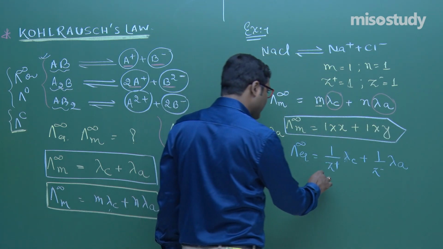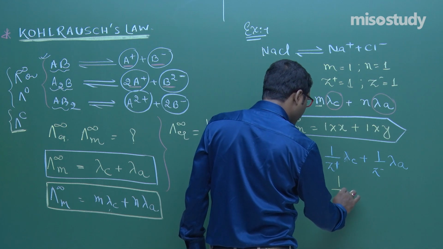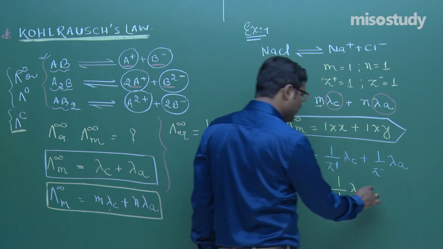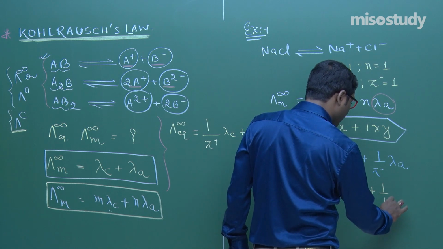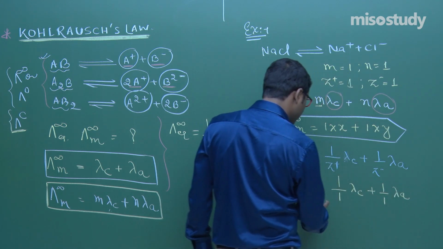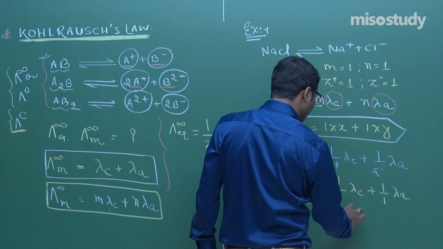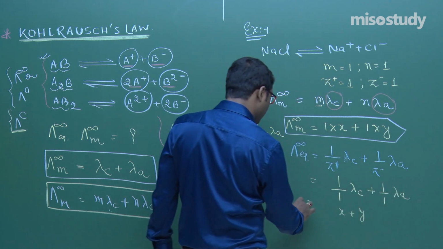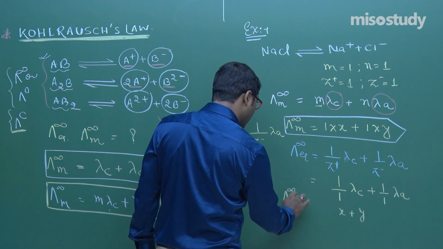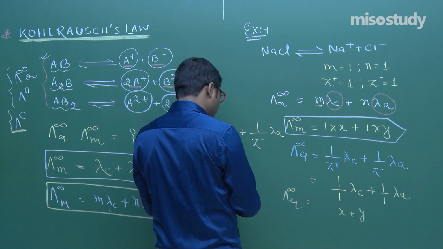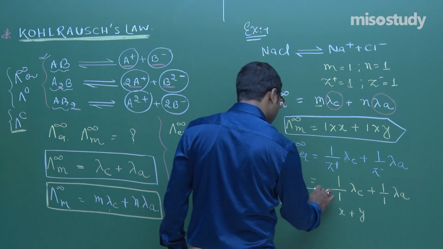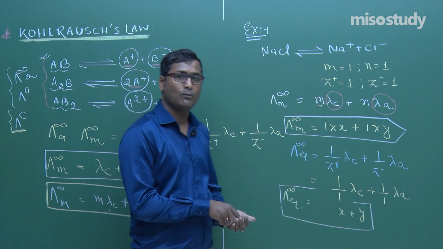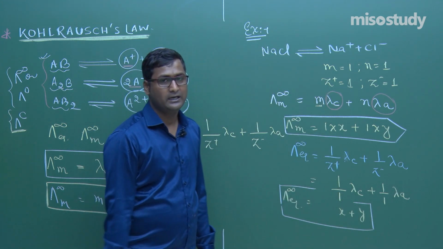Z plus and Z minus here are 1, so 1 upon 1 lambda C plus 1 upon 1 lambda A. What is lambda C given here? X. And lambda A? Y. That is the equivalent conductivity at infinite dilution. I hope it will help you a lot to find the molar and equivalent conductivity.